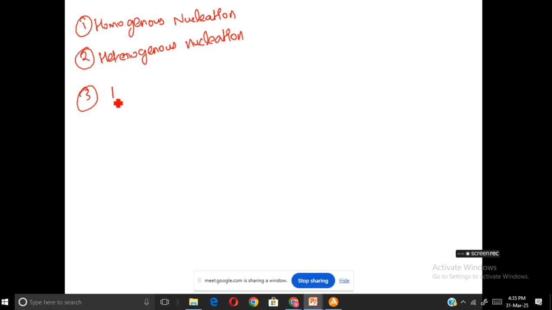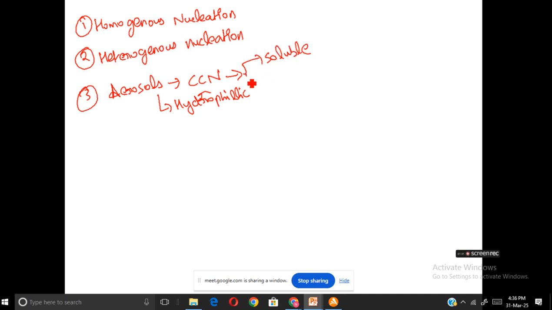We learned that aerosols are there, and a subset of aerosols are cloud condensation nuclei, which are basically hydrophilic in nature. Hydrophilic aerosols act as cloud condensation nuclei, and some are soluble and some are insoluble. So the droplet formation happens faster in case of soluble aerosols.